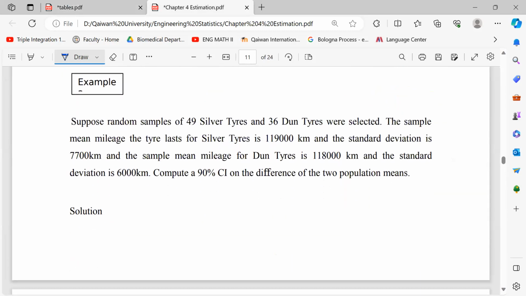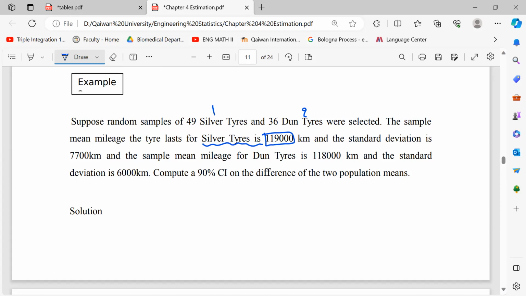And here we have an example. It says, suppose random samples of 49 silver tires and 36 dumb tires were selected. The sample mean mileage the tire lasts for silver tires is 119,000 kilometers. It's for silver. Let's say it's 1. And this is 2.